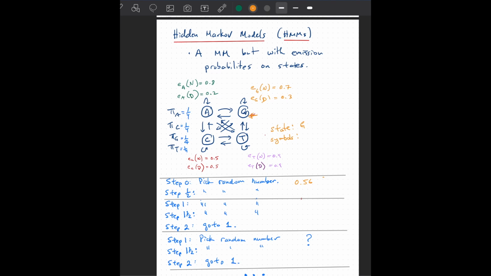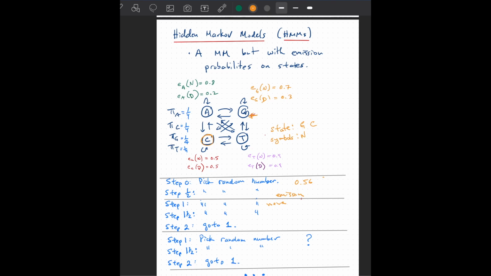And maybe I roll the die and I emit, maybe I roll a 0.5 and I would emit an N. Now, just like with the Markov model in step 1, I roll the die and I decide, okay, so this step 1/2 is the emission step. And now I roll the die, and this step here is the move step. So maybe I roll the dice, and the dice rolling might say I should switch over to state C. So now this is a C.